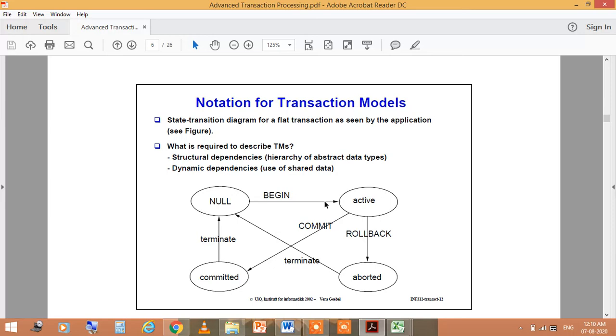After this rollback, the system is aborted. Abort means terminal, and if active is directly committed, that means we reach the committed node, and this is the last. You can say after this the process will terminate.